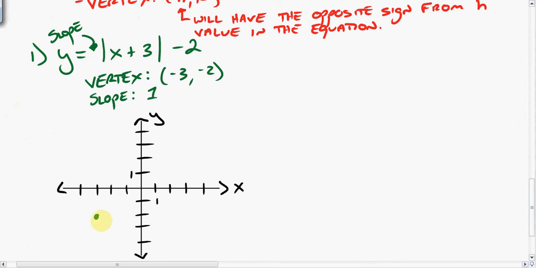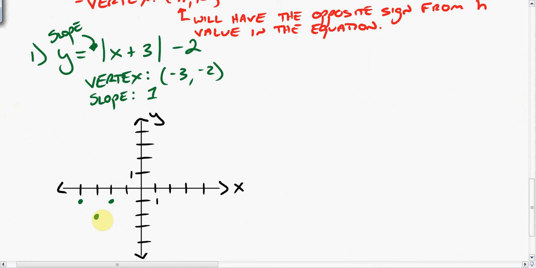So I'm going to go from my vertex up 1 unit, right 1 unit, plot a point. Then I'm going to go back to my vertex and go up 1 unit, left 1 unit, plot a point. Because it's absolute value, it's always going to be the same distance from the vertex, which is our hypothetical 0.